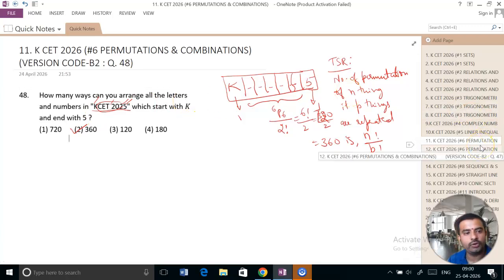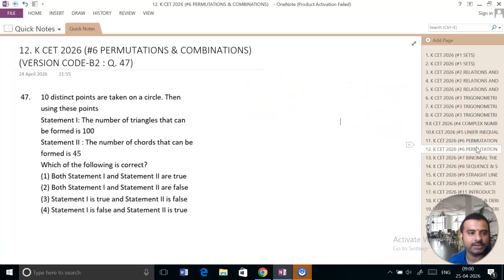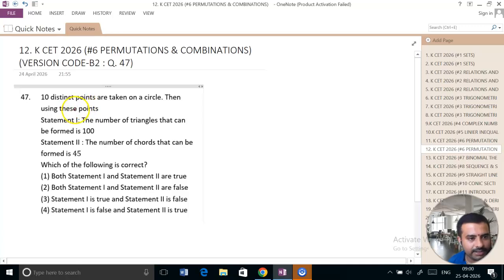And one more question, I hope you all got the answer for this. One more question from permutations and combination. And see, this is the question from combination. 10 distinct points are taken on a circle, then using these points, the number of triangles that can be formed is 100.